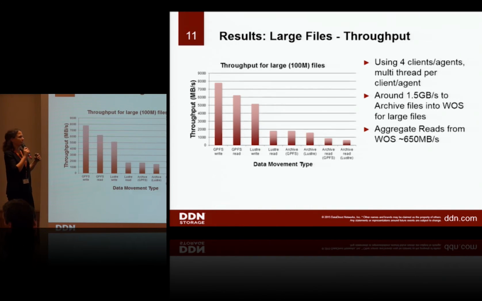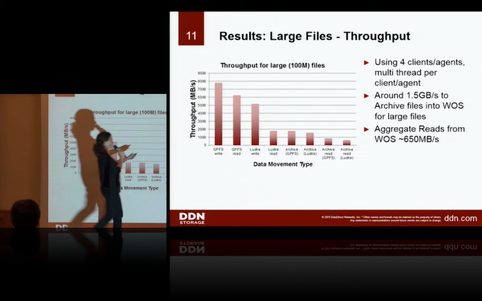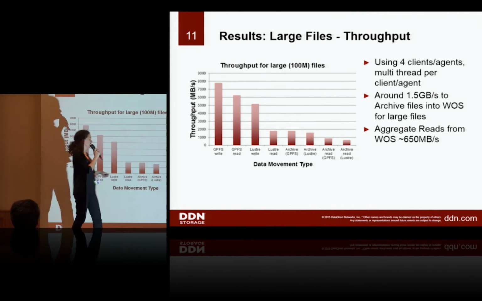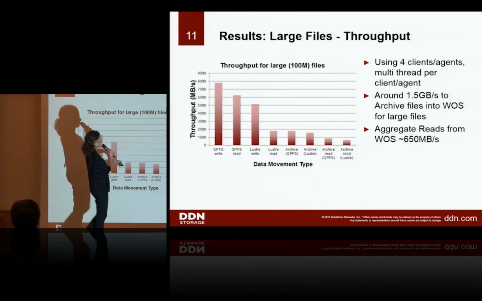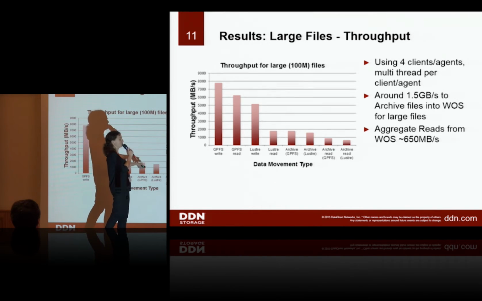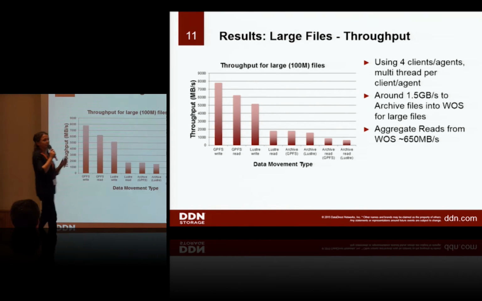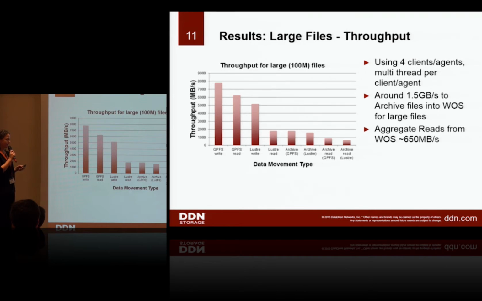When we are reading that information, it has to go to the object storage system. The numbers for both the WOS copy tool, our Lustre implementation, and the one for GPFS are very close. As I said, this is a very early stage of the project, so numbers look quite promising.